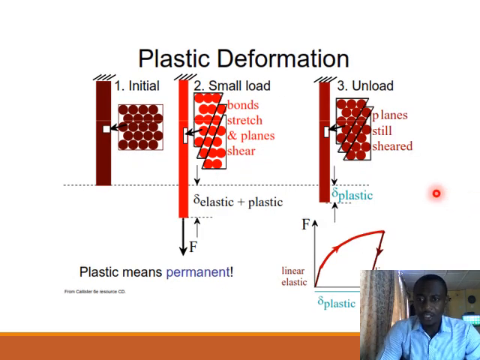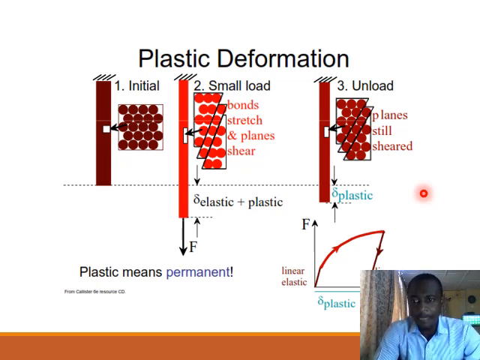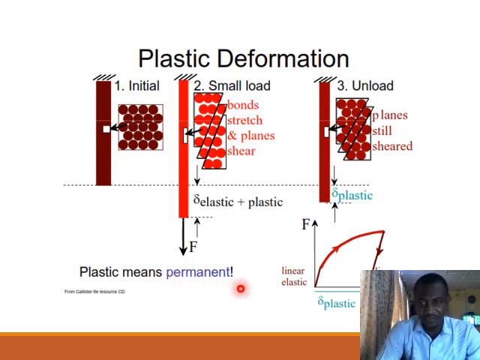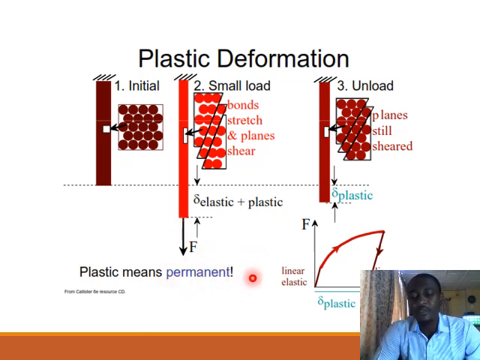Now, beyond the linear elastic deformation, you can also have a material go through a plastic deformation. What happens when you have a plastic deformation is you have a permanent deformation. So you see, this is the difference from elastic. Here you have a permanent deformation. What it means is that if you apply a mechanical load to a material and it deforms as a result of that loading, upon withdrawal of the load, if the material is not able to recover completely back to the way it was initially, then it means that the material has been permanently deformed.